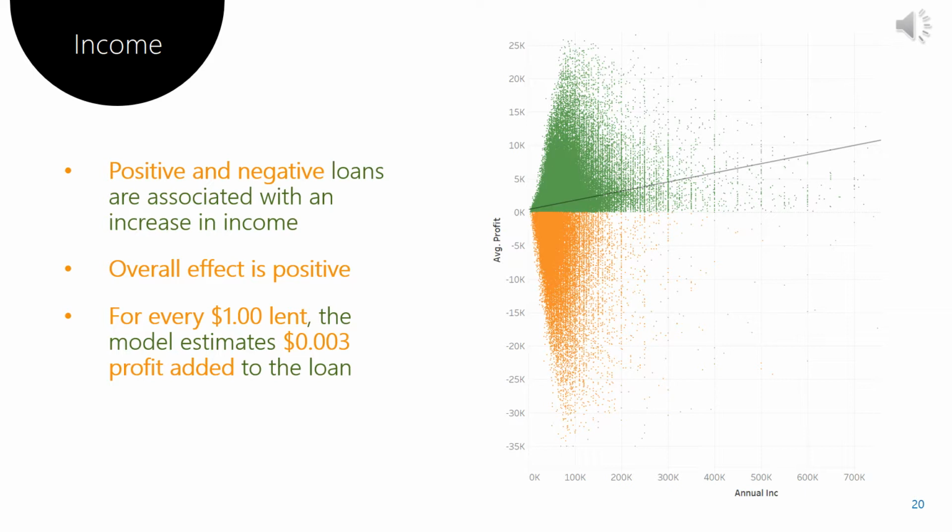The model isn't simply trying to reproduce what the existing data says. It's trying to predict what the data would look like moving forward. So that's why we see a more extreme impact of annual income on profit in our visualization versus what we're getting out of the model. And that's very, very common.